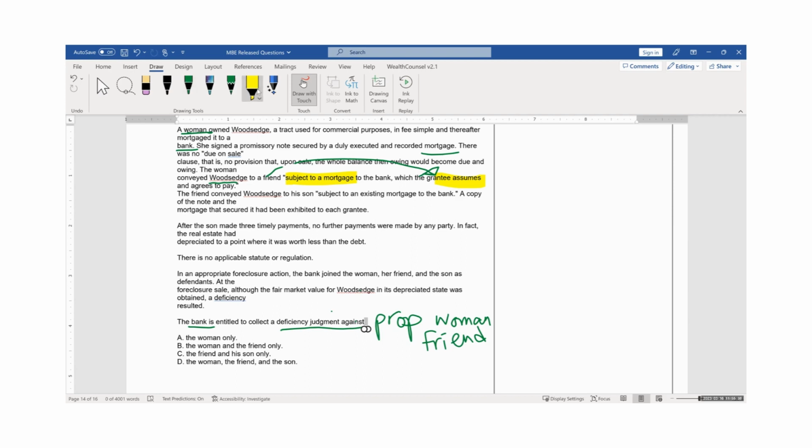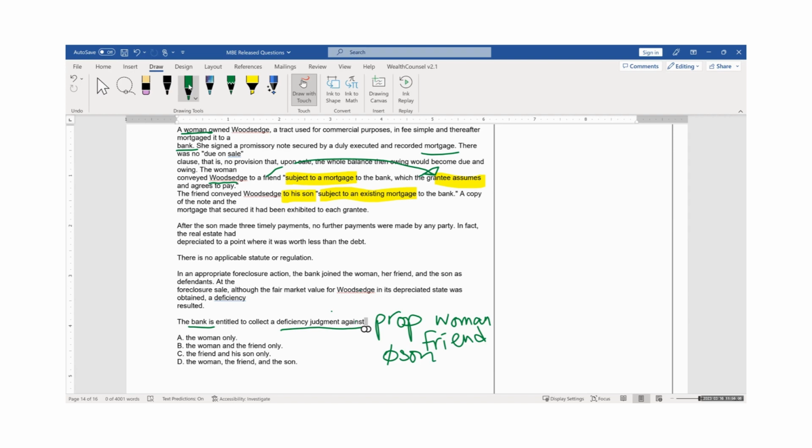This conveyance to his son is, they say, subject to an existing mortgage, and there is no indication that the son is also assuming the mortgage. So here you can think that, well, not the son, because the son did not assume the mortgage. So make a note of that.